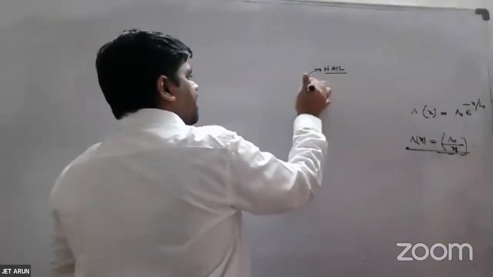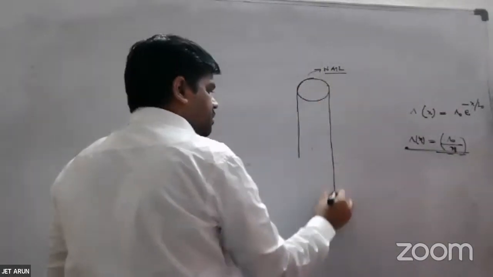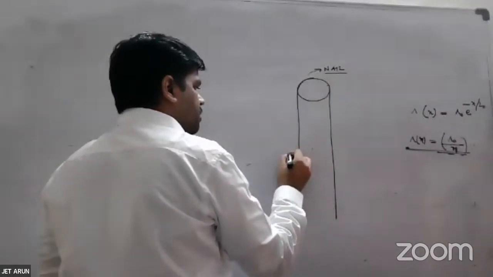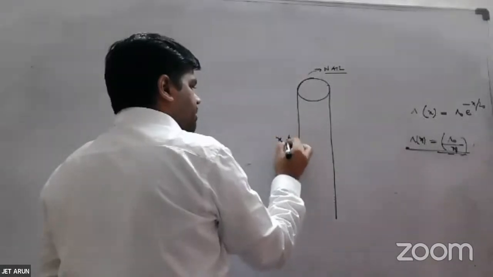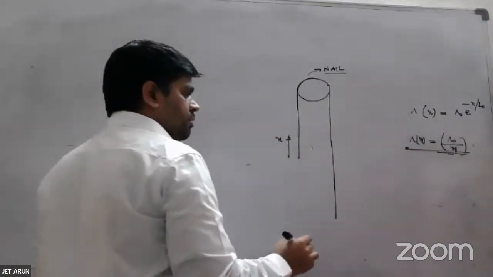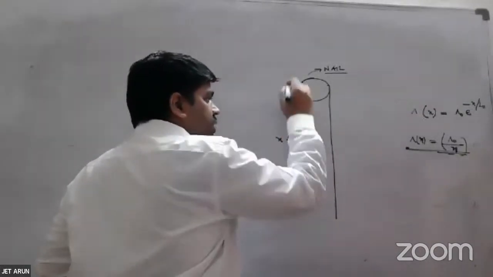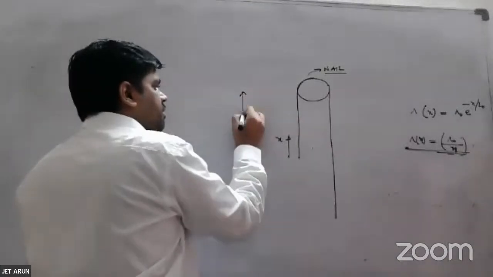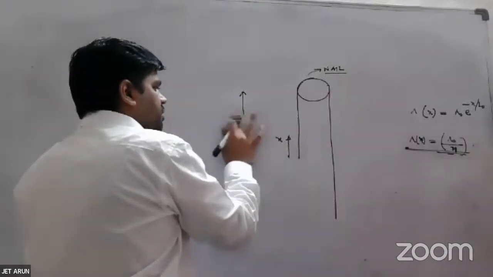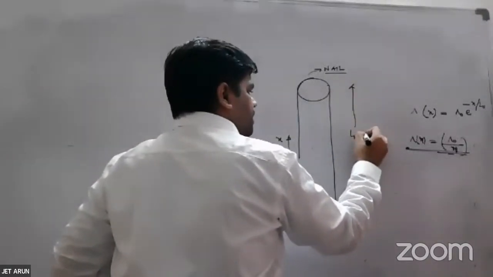I'll just magnify this nail. All right. X is measured from here. Common sense will tell you that this length should be more than this length. If total length is L naught, this length is x naught, this length will be L naught minus x naught.